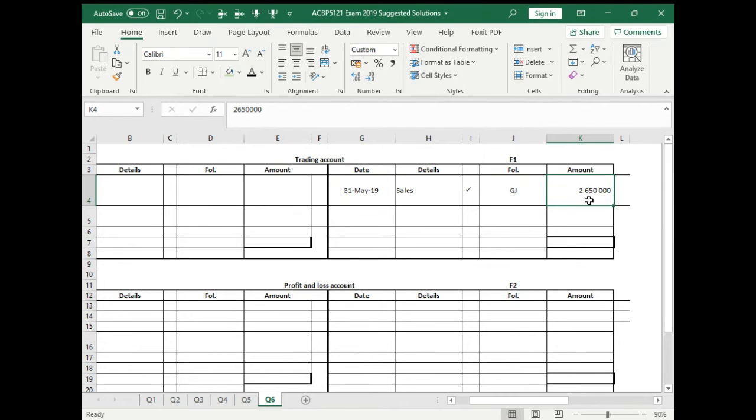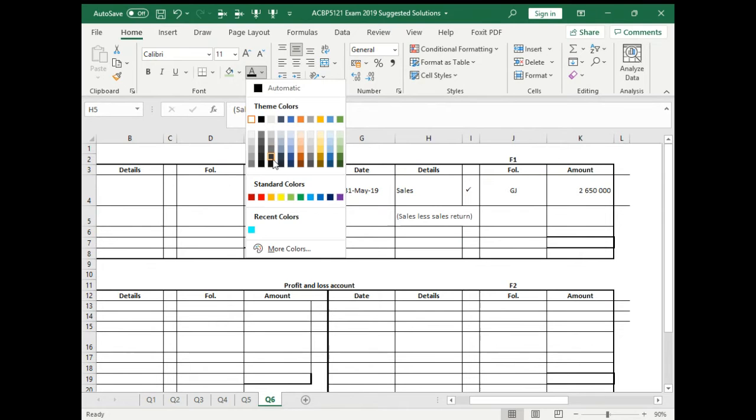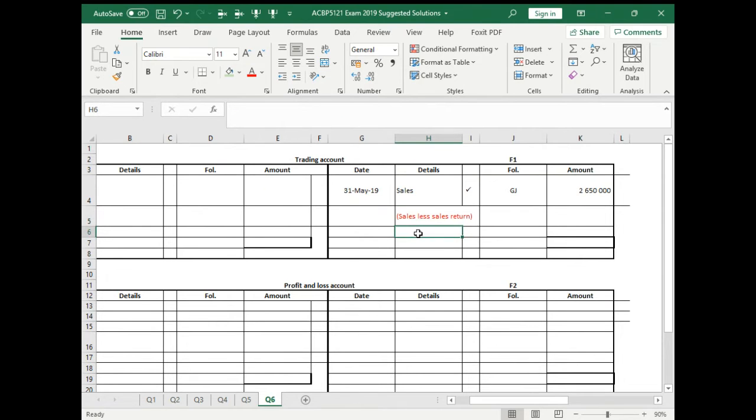Now, in this question, because there weren't any sales returns, it was only the sales amount. But normally, the calculation is sales less sales returns. That gives you the net sales. I'm just going to make this red. So this is generally what you have to capture, the net sales.